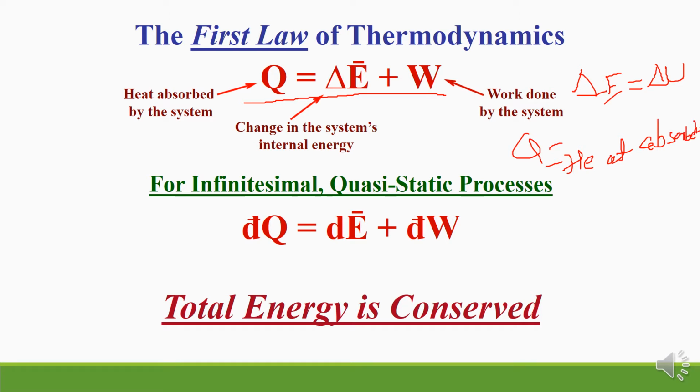So this is what we have. In differential form you can put this equation as dq equals dU plus dW, so dE is equal to dU. That is in differential form. This is a very simple equation.